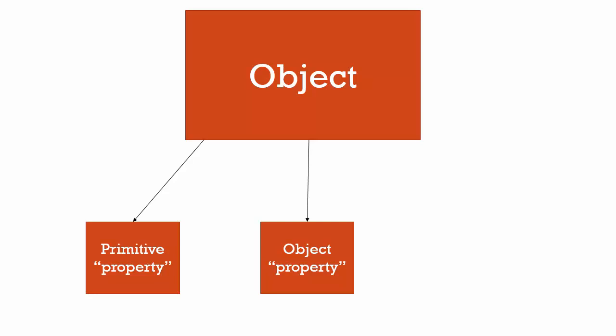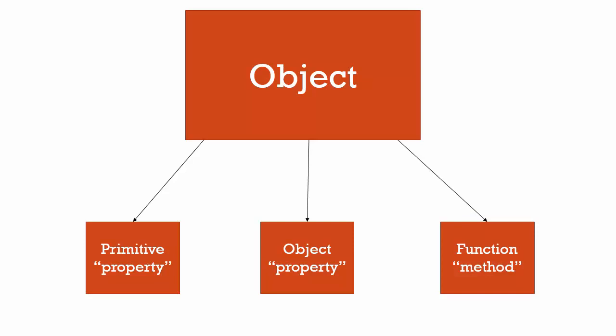Remember we said the value could be another name-value pair collection, or that is, another object. An object can also contain functions, and in those cases, the function is called a method when it's sitting on the object. So it's still a function, but it's connected to an object, and so it's called a method.